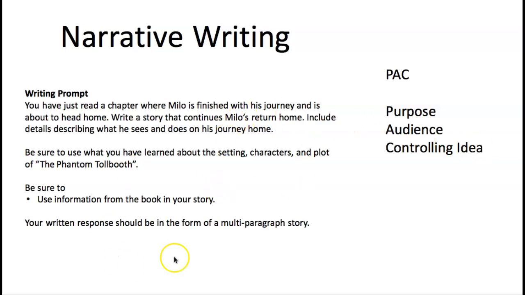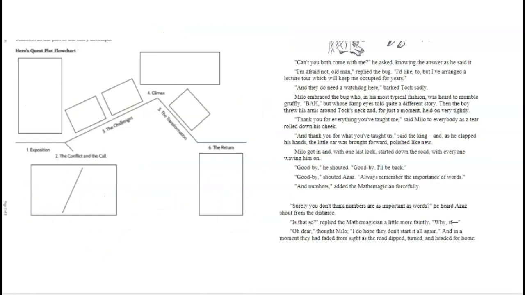So now that I know what I'm going to write about, I need to remember what I just read. So remember, we've read The Phantom Tollbooth, where the exposition is where the story starts. It starts off with the characters, the setting, and the plot. It has some kind of conflict or call. There's some action, the challenges, and the climax is the turning point of the story.